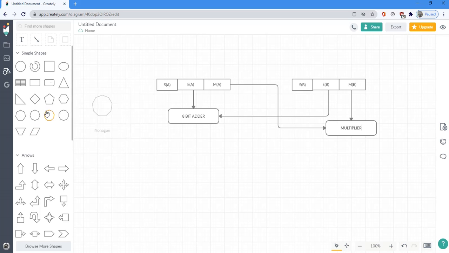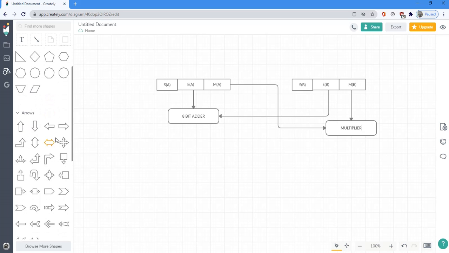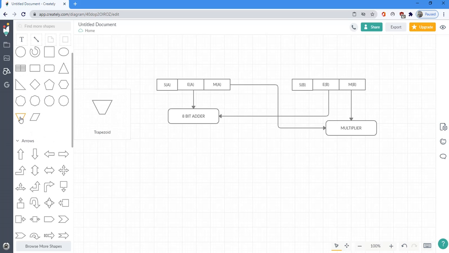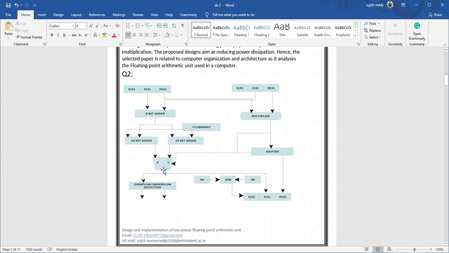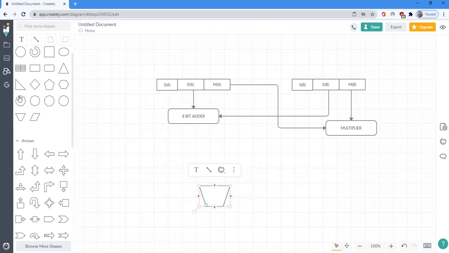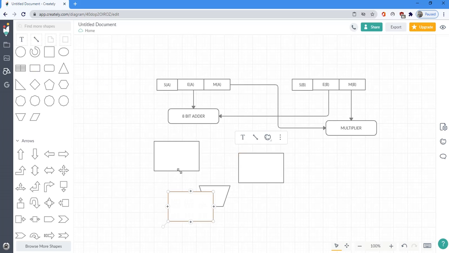You can find all types of diagrams provided in there. You can just expand it or reduce it to whichever size you want, and you can construct the given graph. Here there are three other squares. Take another square, place it here, another square, another square, and reduce the size of the square.